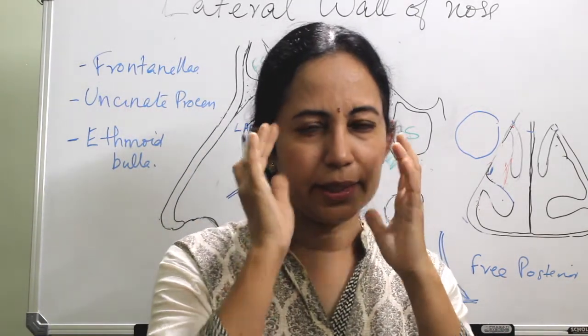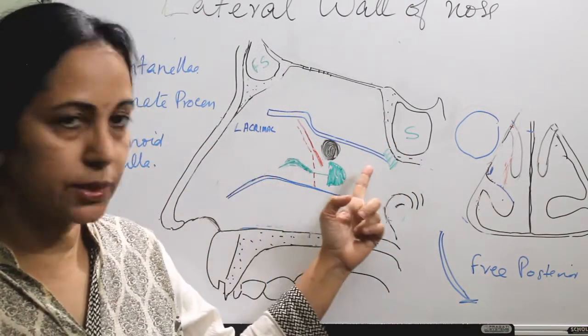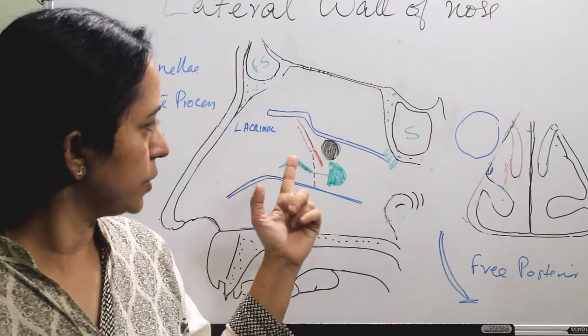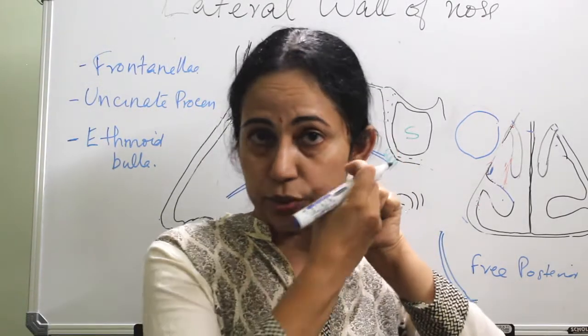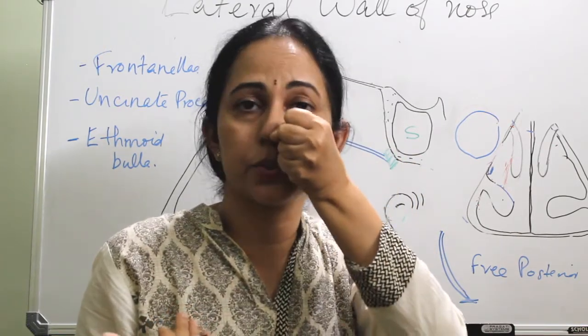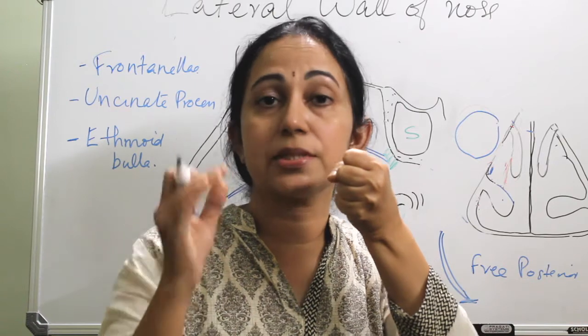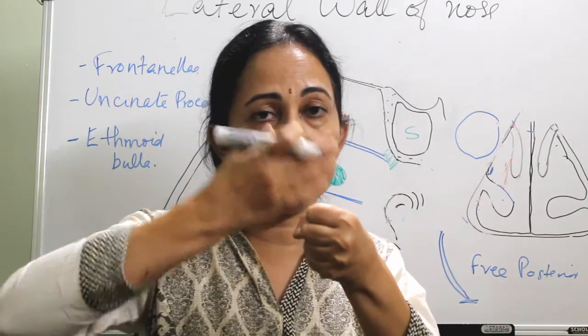Just get a three-dimensional picture. This is from anterior to posterior, isn't it? So this bulla will project from posteriorly. This is my posterior. From posteriorly, this bulla will project into the middle meatus because it is the anterior ethmoidal cell. Behind that is the basal lamella.